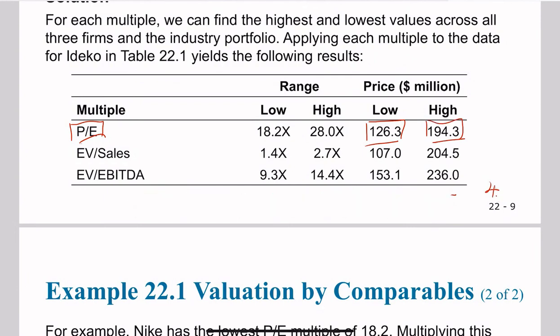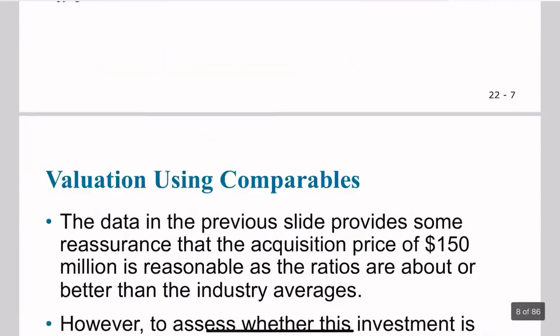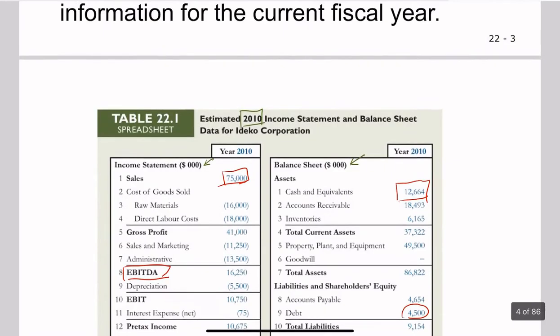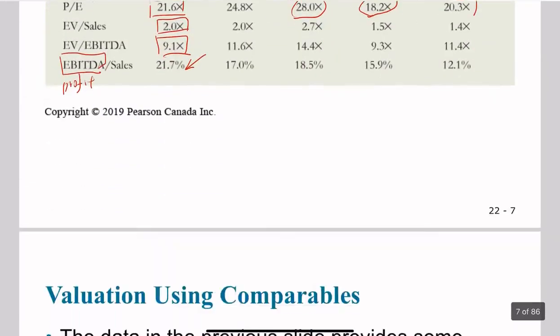Okay, now let's look at the EV sales ratio. I'll just use this 1.4 number. In this case, EV equals 1.4 times the firm's sales. What is the sales here? It's $75 million.